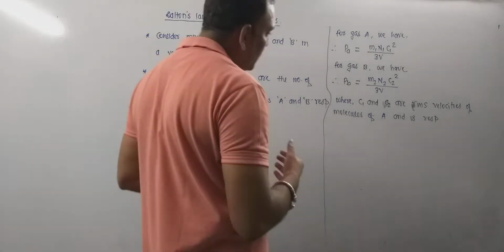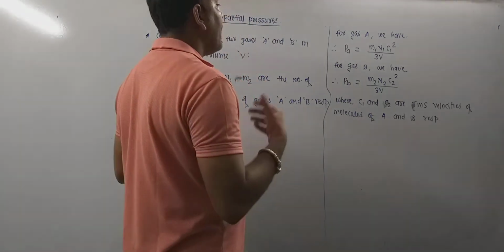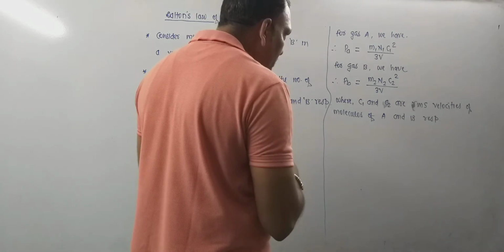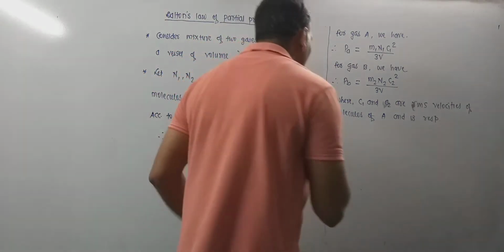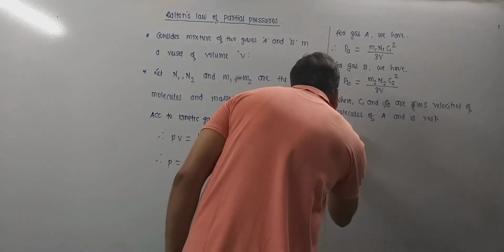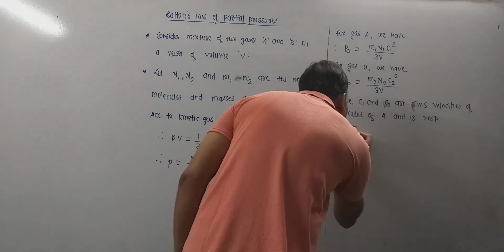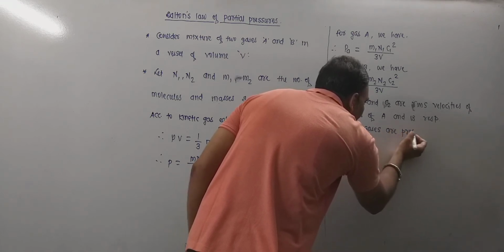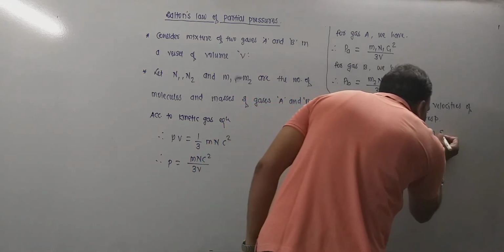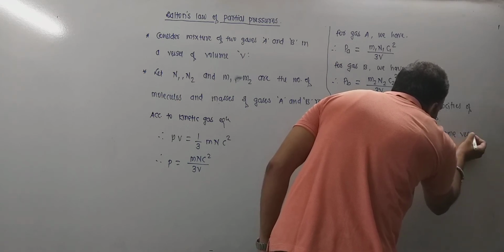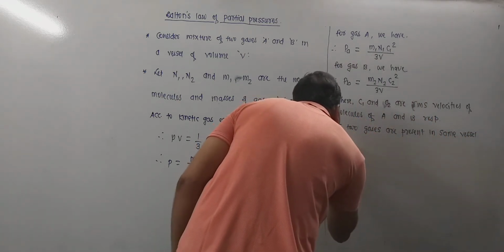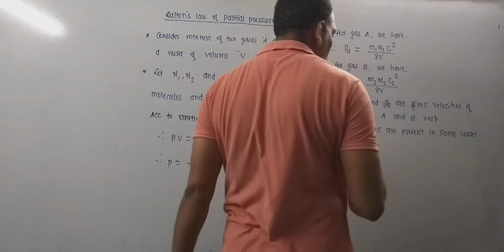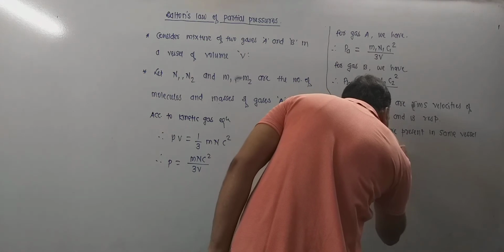So as both the gases A and B are present in the same vessel at the same time, the total pressure will be the sum of these two. This is a very important thing.